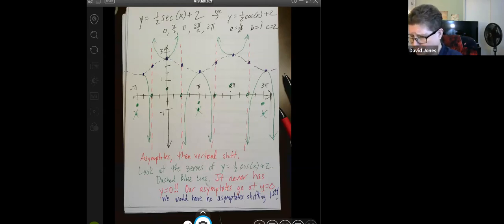Sine is, we've got 4 pi over 2b, which here is 4 pi over 4 for the period, which is just pi. But this one allows me to set up my marks.